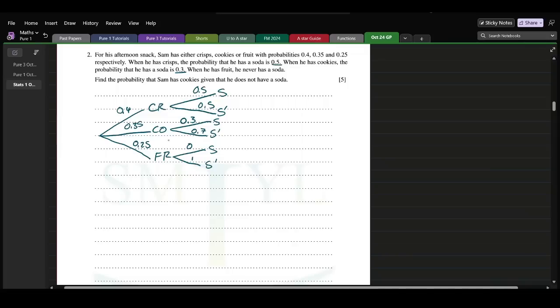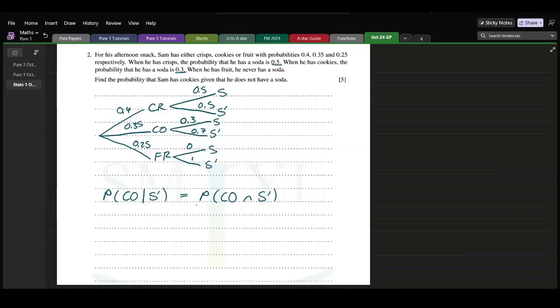Alright, now they want us to find the probability that Sam has cookies given that he does not have a soda. So probability that Sam has cookies given that Sam does not have a soda. Alright, so that will be equal to the probability of Sam having cookies and not having a soda divided by the probability of Sam not having a soda.